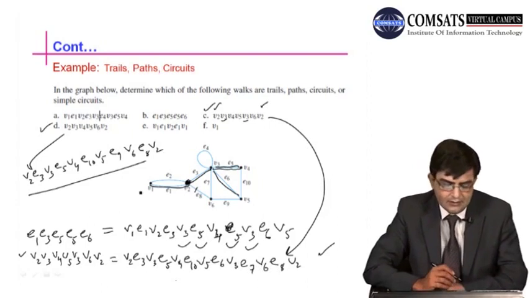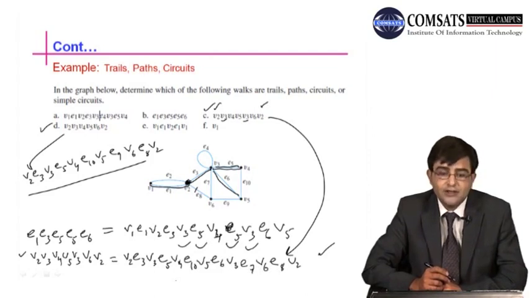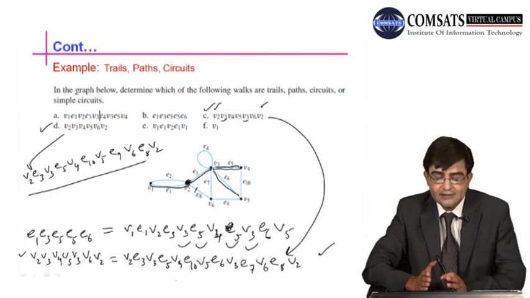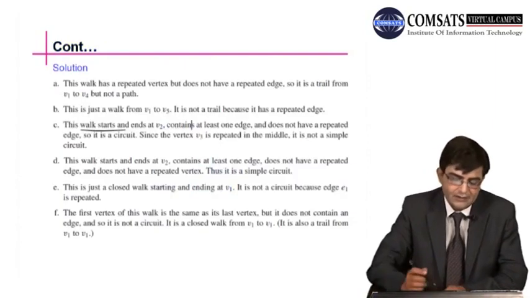So this is how we can write it explicitly, and we can see here that no edge is repeating here, no vertex is repeating here, starting and ending point is same, it contains at least one edge, so it's a walk and it's a simple circuit because it satisfies all the properties of simple circuit.